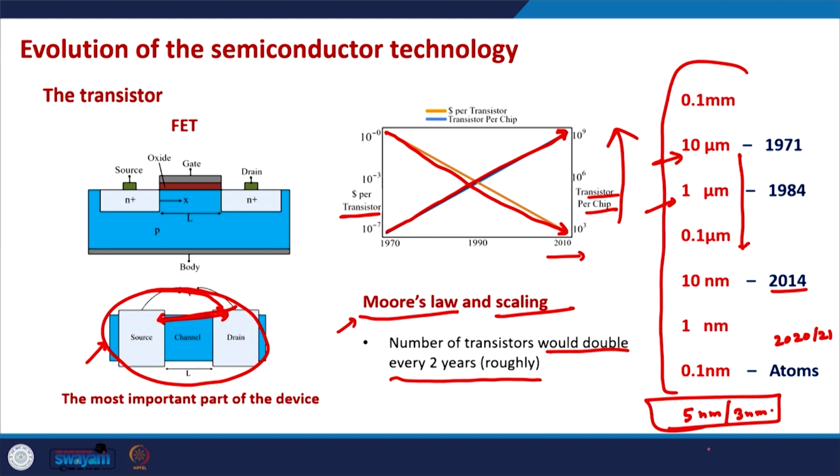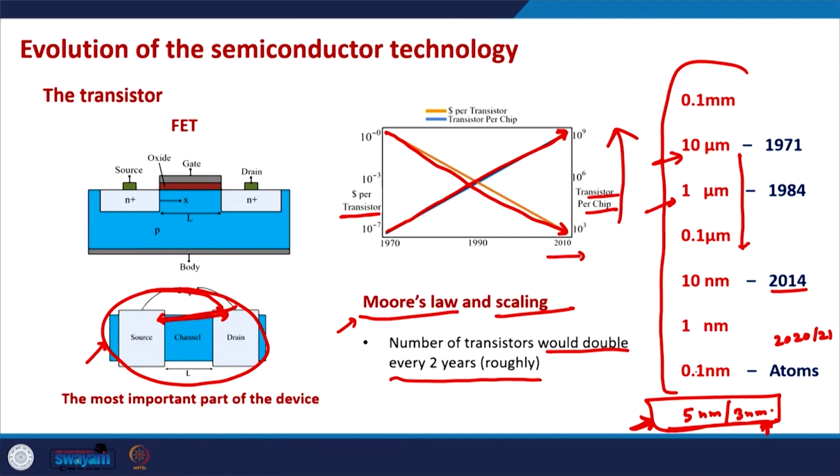These modern technology nodes do not mean that the length of the channel is actually 3 or 5 nanometers. Especially in the last few years, the technology node is not exactly equal to the channel length; this number captures the performance and the heat budget of the system.